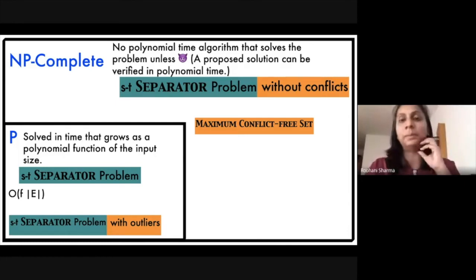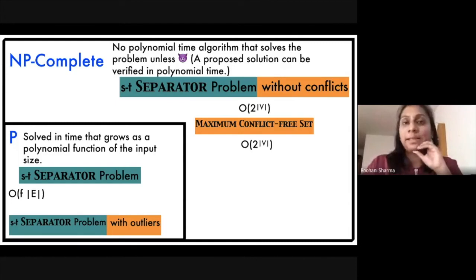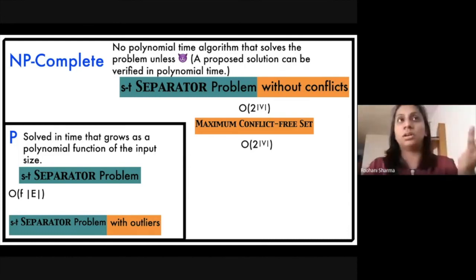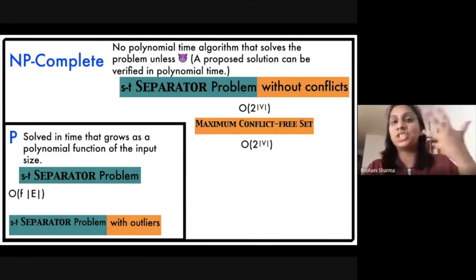In particular, it's easy to see that these problems have an algorithm with a running time of the form 2 to the power v, which goes and checks every possible subset of vertices and checks if this is indeed a solution, and this check can be done in polynomial time.